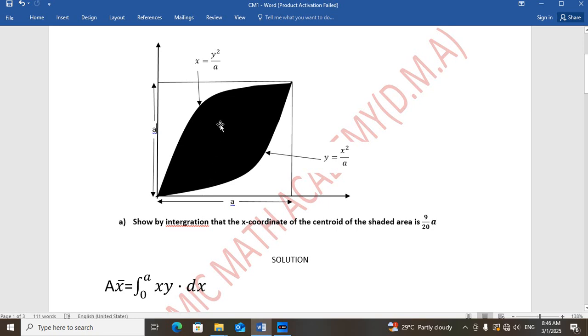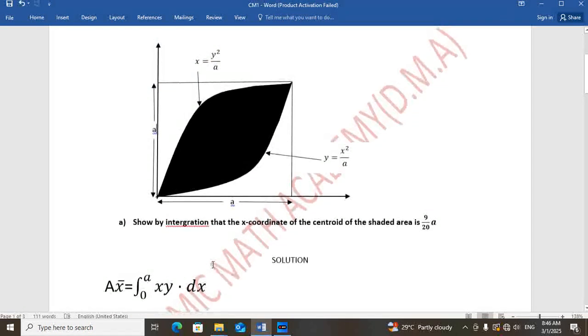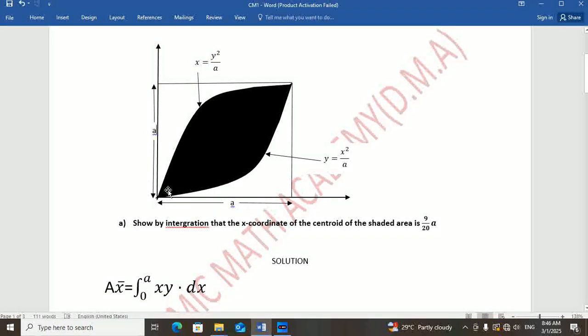We know that the area is simply the integral of y dx. But what is y? Y is not this one here. Y is equal to x squared on a minus the square root of xa, because when two curves intersect, you see that these curves are intersecting at 0 and at point a.